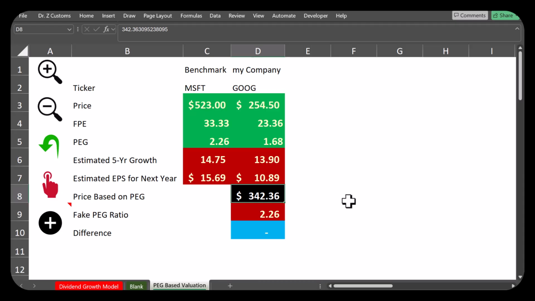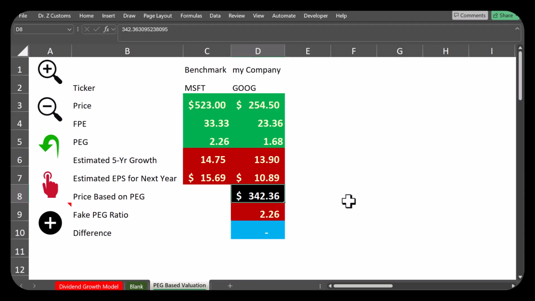But it should be 342, which means, other things being the same, you expect Google's price to increase a lot more compared to Microsoft. So if the fake price that we get, or the price based on making PEGs the same, is much higher, that company is undervalued, relatively speaking.